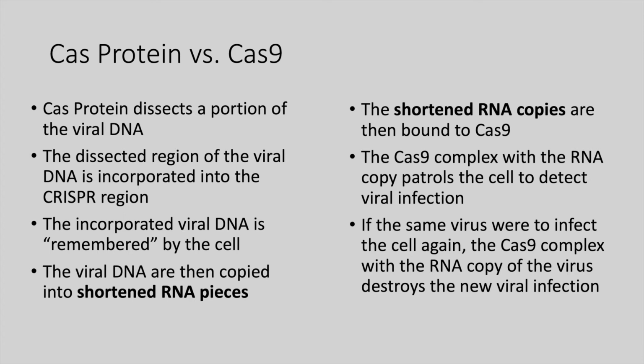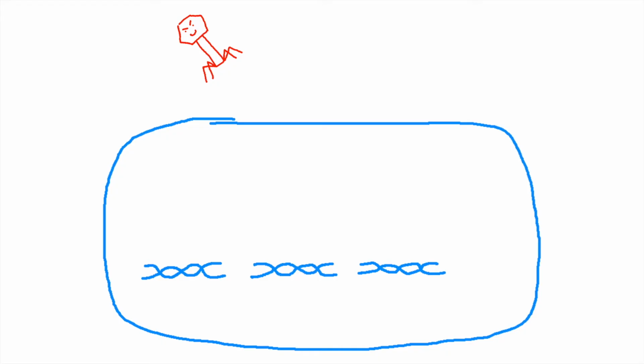So that's my poor analogy of it, but yeah. The Cas9 complex with the RNA copy patrols the cell to detect viral infection, and if the same species of virus were to infect the cell again, the Cas9 complex with the RNA copy of the virus destroys the new viral infection. In the next slides I will be going over it with a visual illustration.